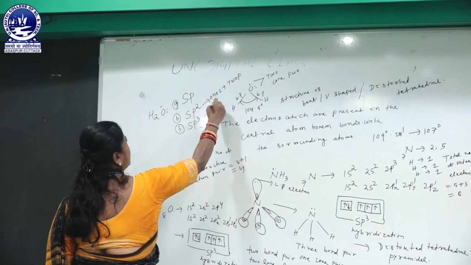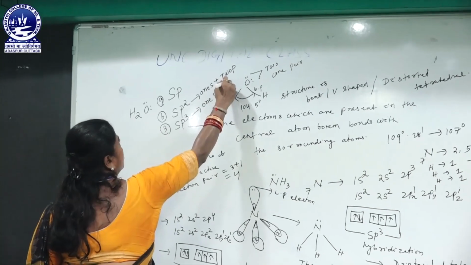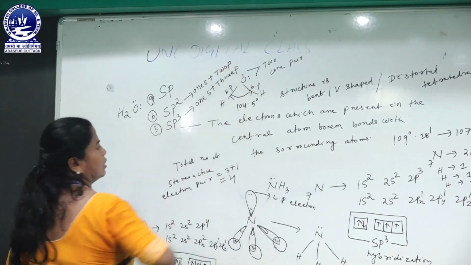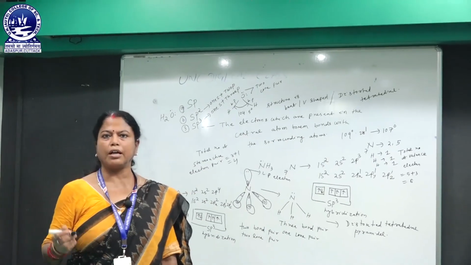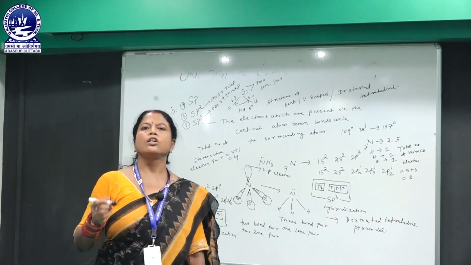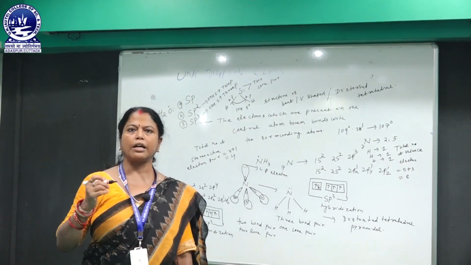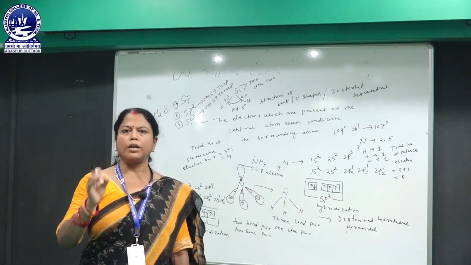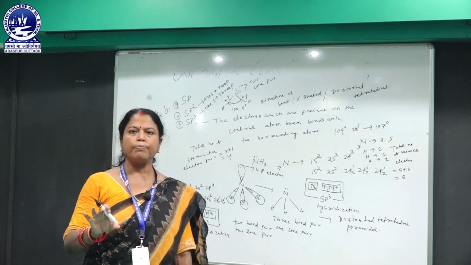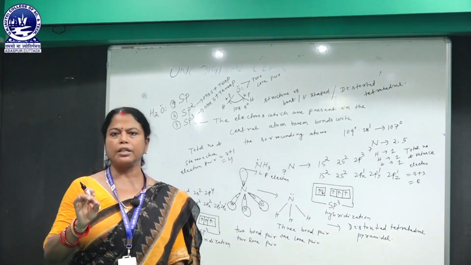So hybridization is the process of intermixing or overlapping of atomic orbitals on a single atom or ion having nearly the same energy to produce a new set of equivalent hybrid orbitals.